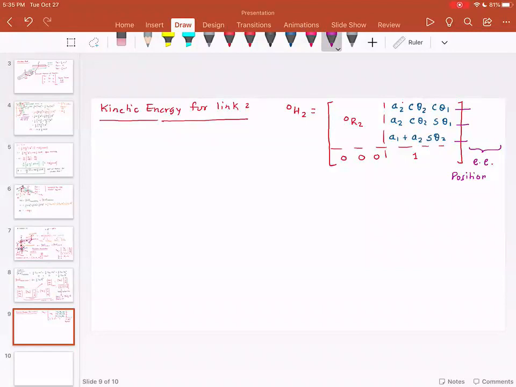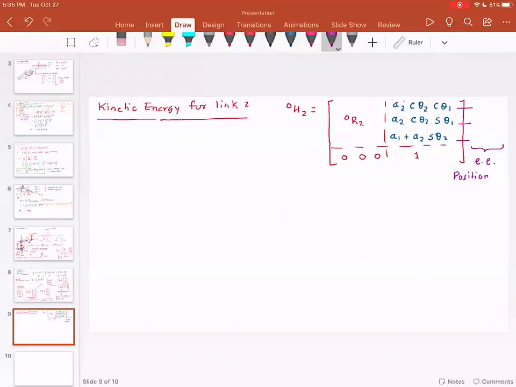So now here is the tricky part. This is the position of the end effector, and I need to write this down. If I ask you, where is the end effector located? The question is, where is the end effector with respect to frame 0, with respect to the origin? You will tell me the coordinates of the end effector.